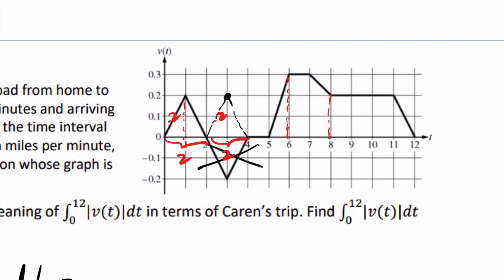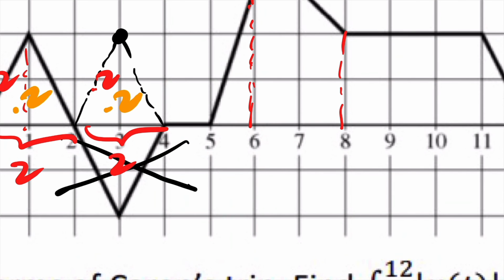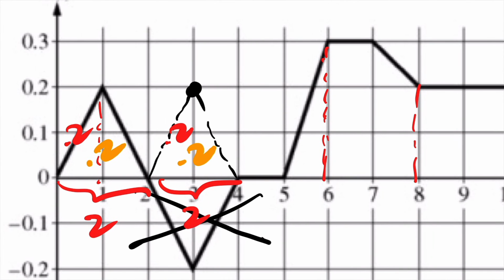Okay. So when you break it up into smaller pieces, each of these guys right here, each of these is 0.2. Base times height divided by 2. This guy right here has a height of 0.3, but a width or a base of 1.